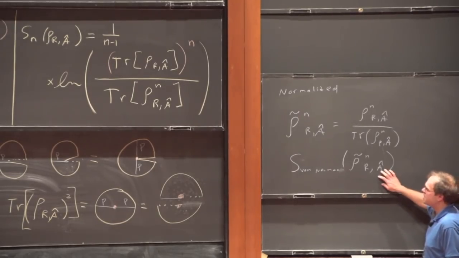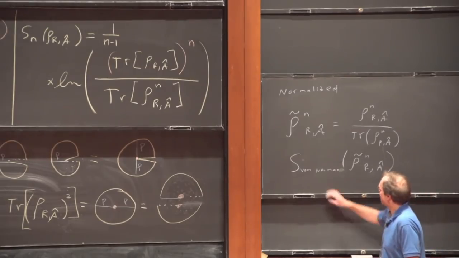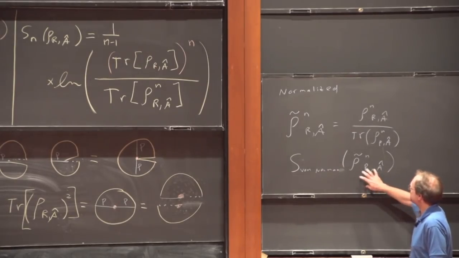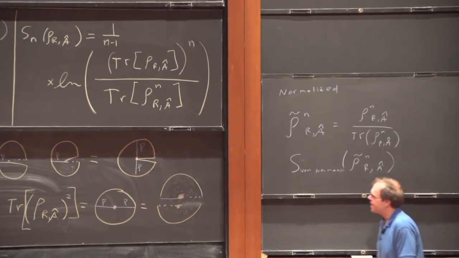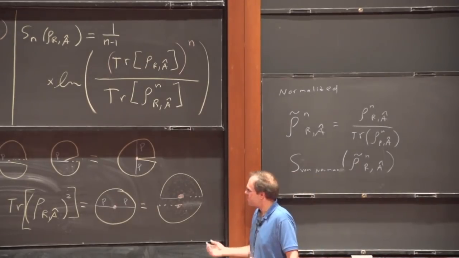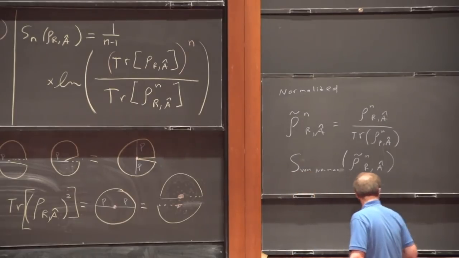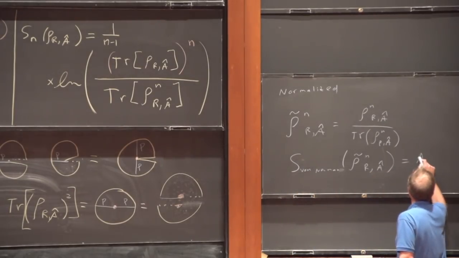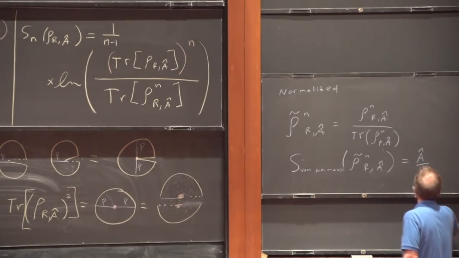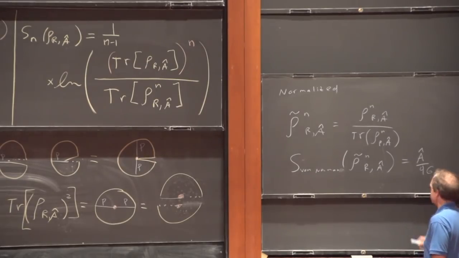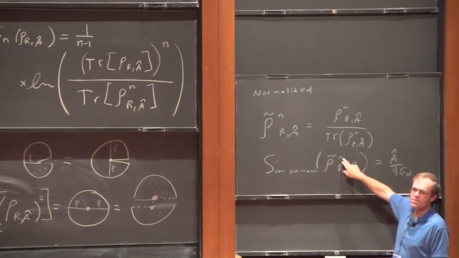And what is this going to be? Well, we know that the von Neumann entropy in the CFT is described by the area of the bulk HRT surface. So it's again just fixed by this parameter a hat. So this is precisely a hat over 4 g Newton, independent of whatever is the Renyi number n.